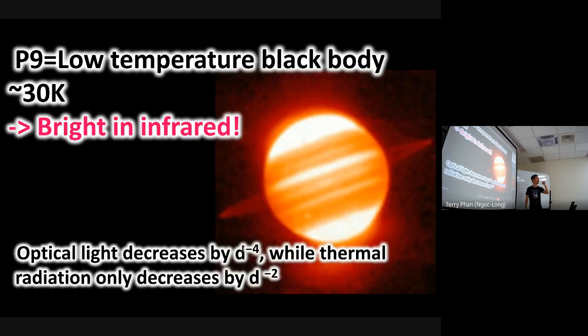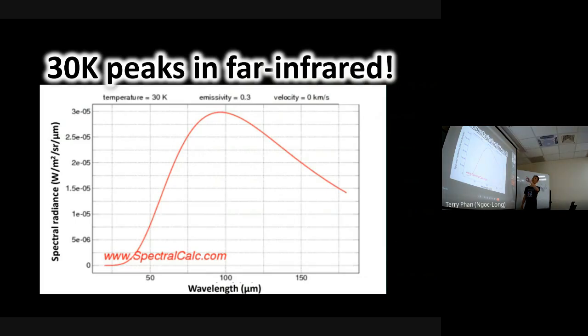But thermal radiation, black body infrared, comes only one way, so it decreases only as distance to the power of -2. If it's a black body, it peaks in the far infrared, at 100 micron. So we need to search for planet 9 at 100 micron.